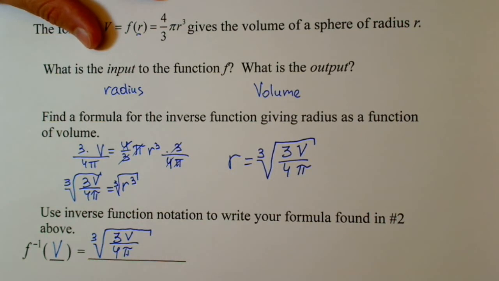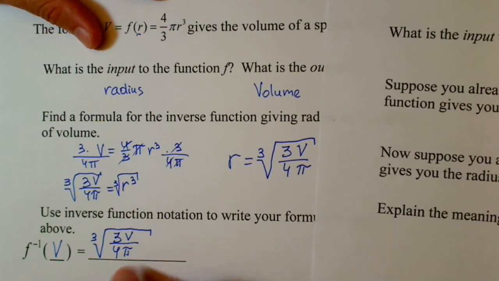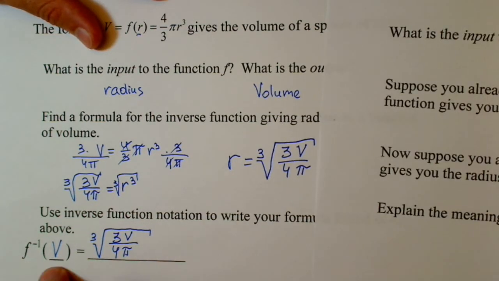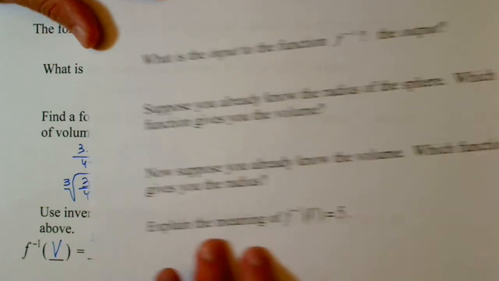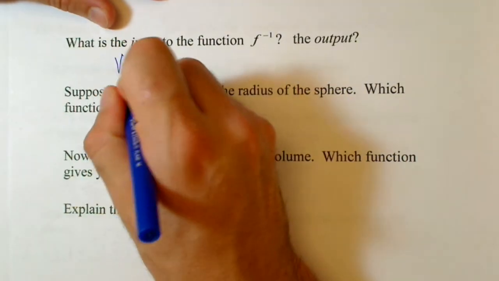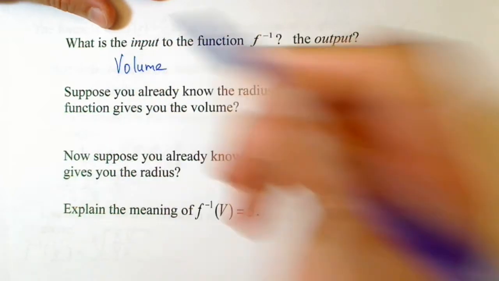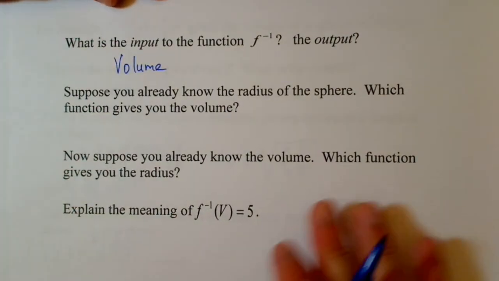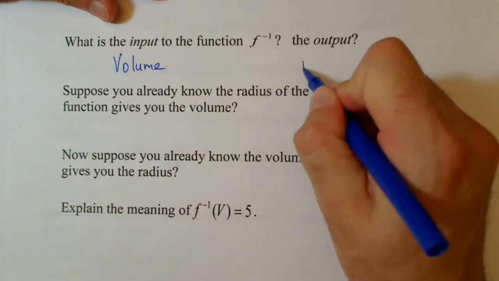Now what is actually our input in this function? Our input, like you can see, is volume. And what is our output? Because our answer will give us radius, it is just radius.